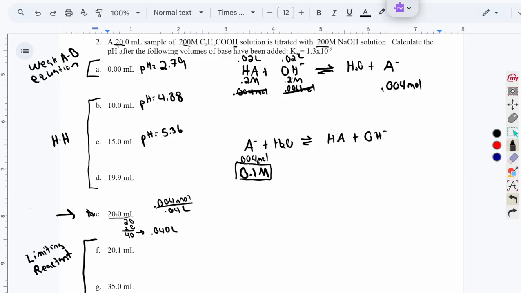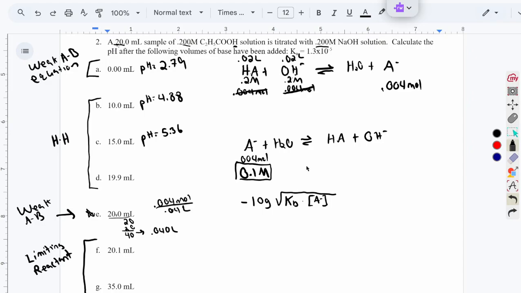That's what we needed because this has become a weak acid base equation. How do we do a weak acid base equation? We take the negative log of the square root, and this time we need Kb times the concentration of our base.